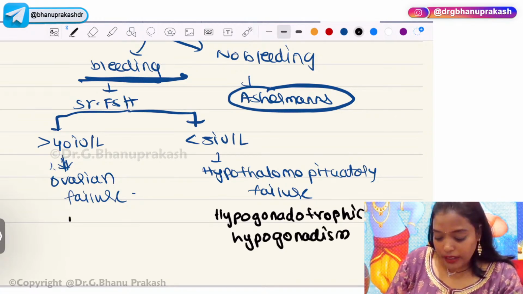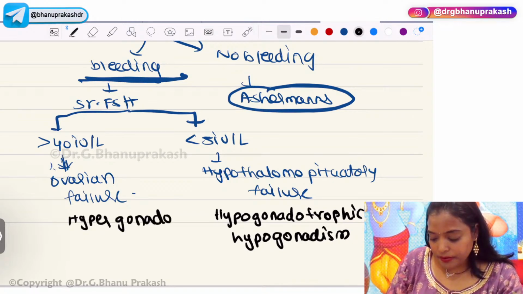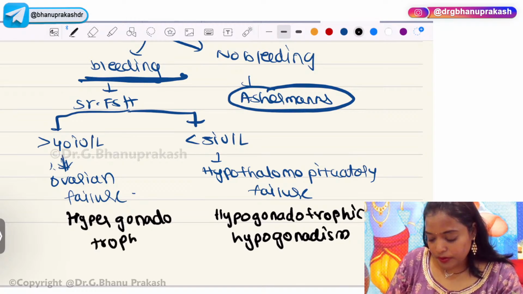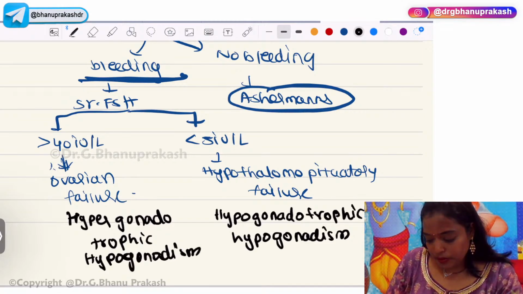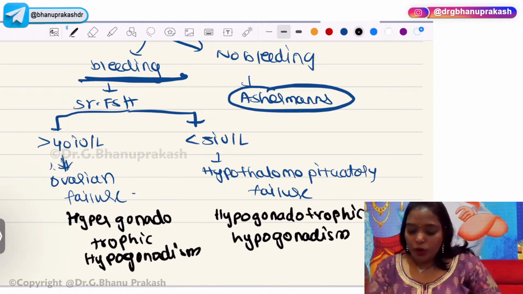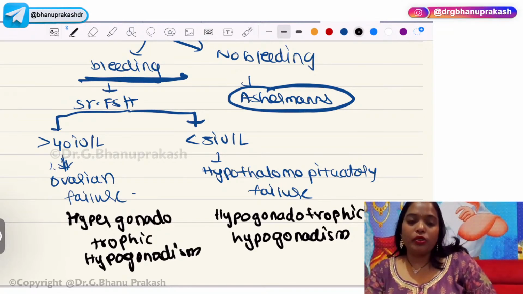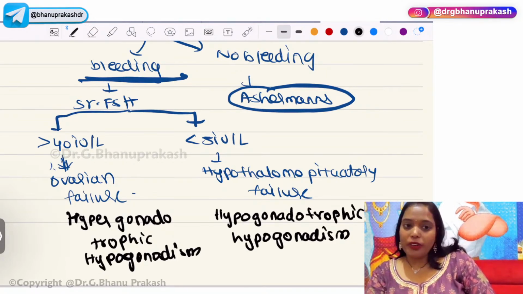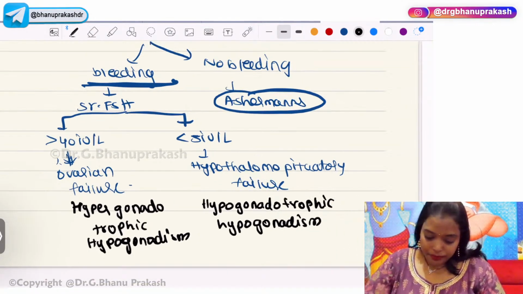Ovarian failure is called hypergonadotrophic hypogonadism. Hypothalamic failure is called hypogonadotrophic hypogonadism. Correct?